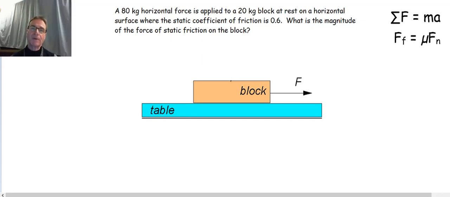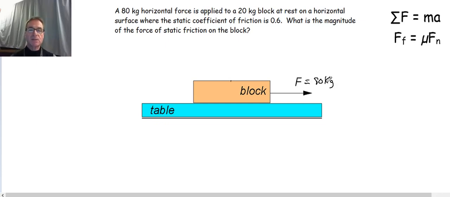Keith Onco here. What we want to look at in this particular problem is the force that is basically due to static friction on a block that's sitting on a table or some surface. The problem says that we have an 80 kilogram horizontal force, so we have a force on this block that's equal to 80 kilograms.